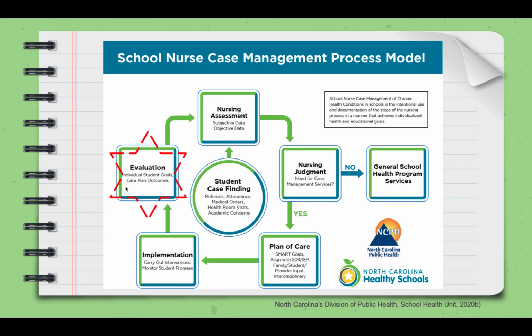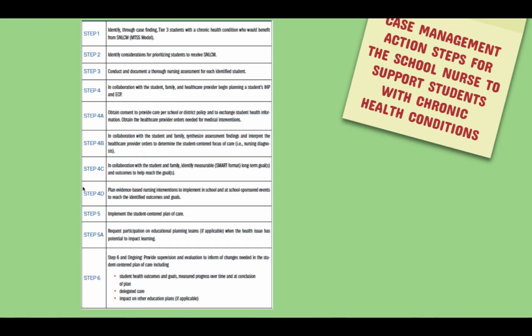Okay, moving on to our at a glance. In doing this model, we developed a checkbox system for nurses to be able to quickly look at where you are in the process and whether you have met all of the steps of the process. This is meant to be a one-stop shop, quick at a glance for you to carry out case management.